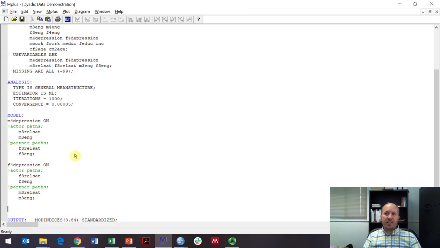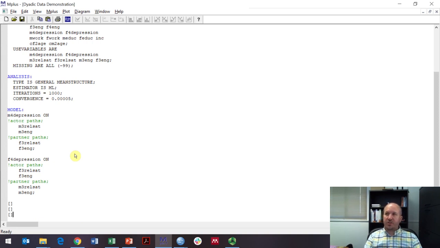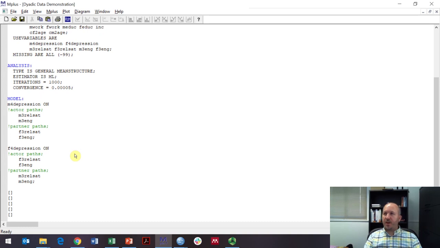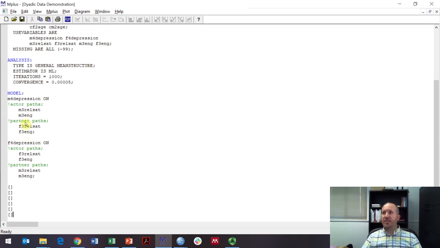I'm going to do one last thing to prepare myself for constraint testing, and that's adding in all of my mean structures here. I'm going to get this syntax ready, 1, 2, 3, 4, 5, 6, so that it's ready to go when I want to do my constraint testing for my means. So I want to add in each of my variables into these brackets here.